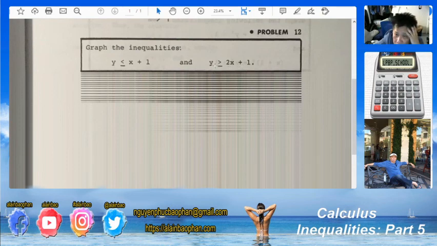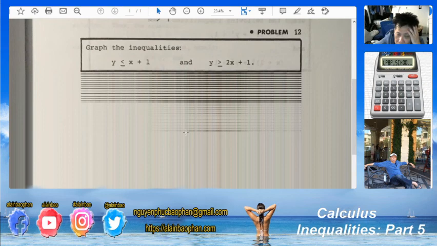So now we need y greater than 2x plus 1. Again, you can pick any point, but I prefer to pick the origin, because it's simple.